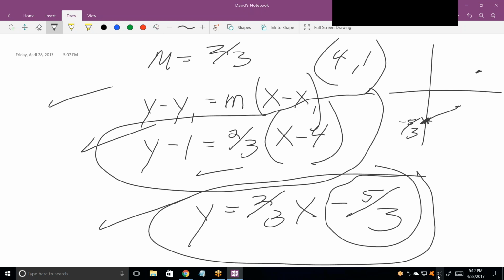But that's actually the quickest way to do it, is the way you did it. As long as we know that it crosses the y-axis at minus 5/3, and we know it goes through the point 4, 1, just connect those 2 points. 2 points define a straight line, always, no matter what 2 they are.